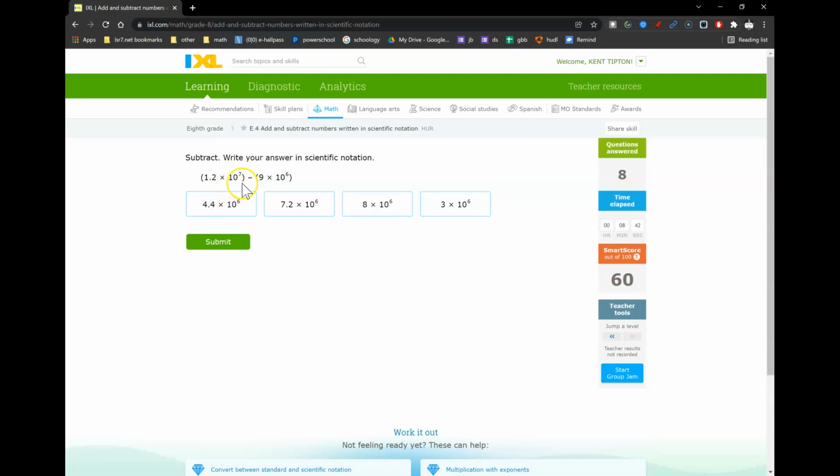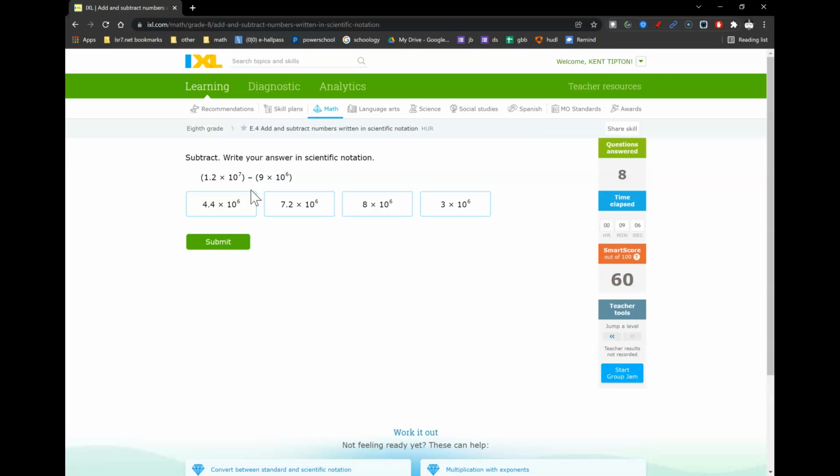There are two different ways that you can do this. You can either adjust the decimal point on the one on the right, move it back one place, and then you would now have 0.9 times 10 to the 7th.